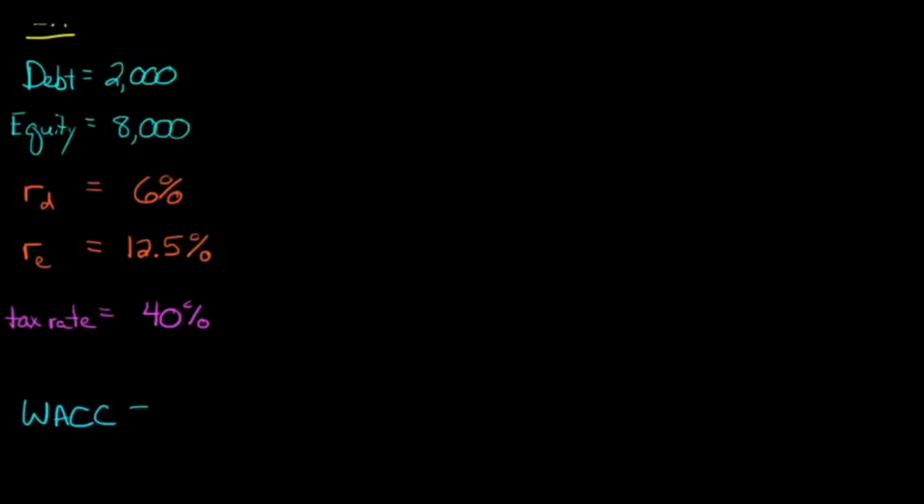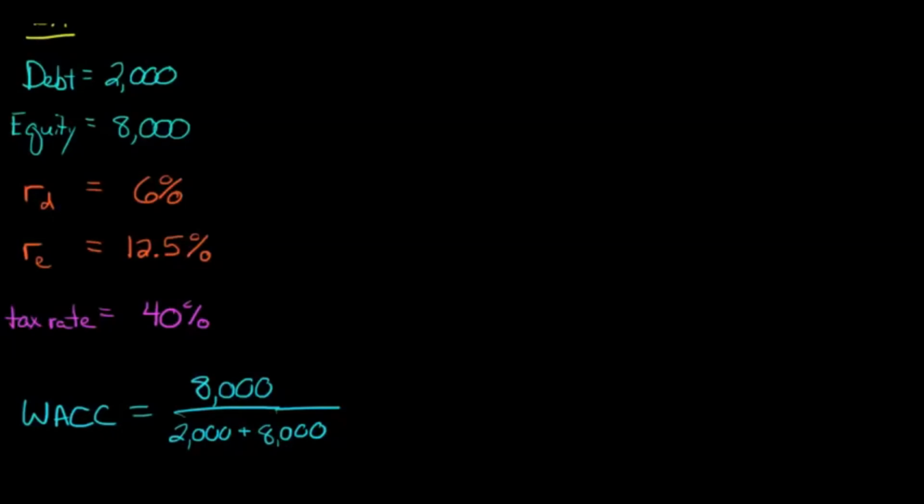So the WACC is going to be equal to, let's do the equity side first. We've got $8,000 in equity. To calculate the proportion of equity, we say 8,000 over 2,000 of debt plus 8,000 of equity. Why are we doing this? Well, the firm's total financing is both of these, 2,000 plus 8,000.